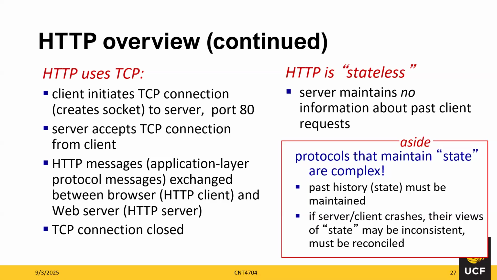Let's address the side box. Why keep HTTP stateless? Because remembering history or state makes things complicated. If the server is keeping track of every user and suddenly crashes, the memory of those interactions might be lost or mismatched. So it is very difficult. A stateless design keeps HTTP simple and robust.